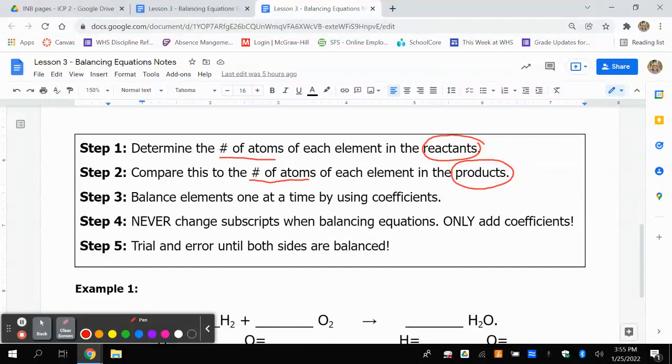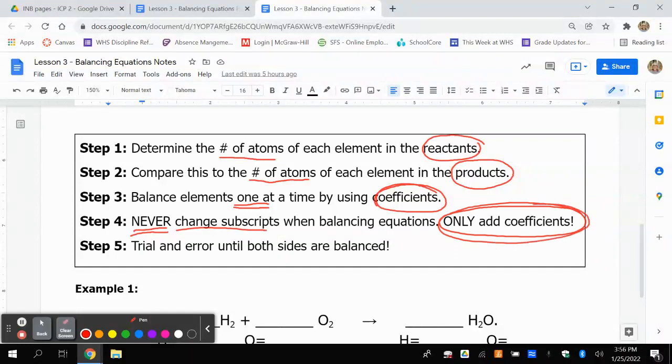After we have done that, we want to balance elements one at a time using our coefficients. So we're going to start with one element and try to balance it, and then we'll move on to our next element. Step 4 is a key thing. We never, ever change our subscripts. The only thing we can do is add coefficients.